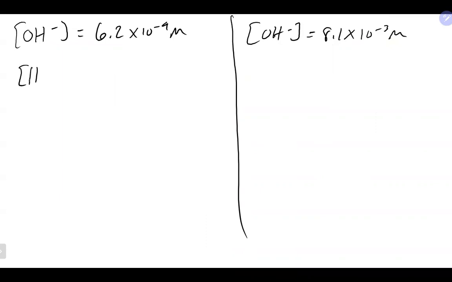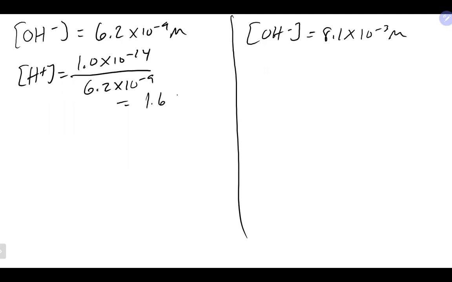So in this case, we're solving for the H plus. Our constant value of 1 times 10 to the minus 14 divided by 6.2 times 10 to the minus 9, going to get us it's like 1.6 times 10 to the minus 6 molar.